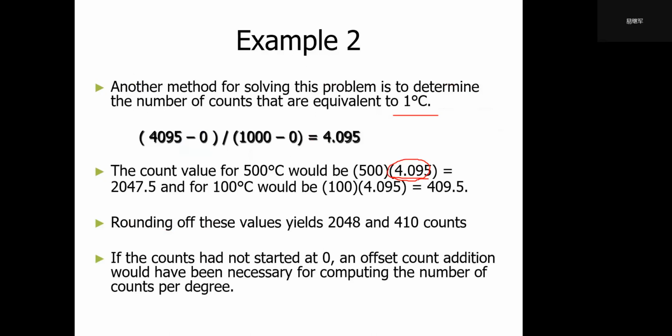Rounding off this value, we can get this. If the count had not started at 0, an offset count addition would have been necessary for computing the number of counts per degree.